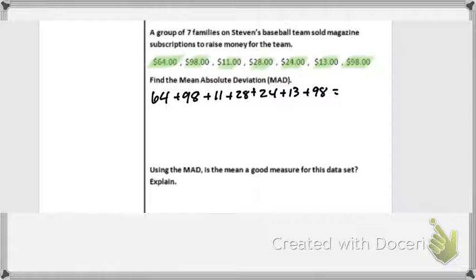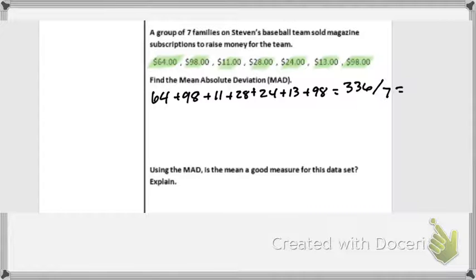So let's do 64 plus 98 plus 11 plus 28 plus 24 plus 13 plus 98. We get 336. We're going to divide by, we said there was 7, right?